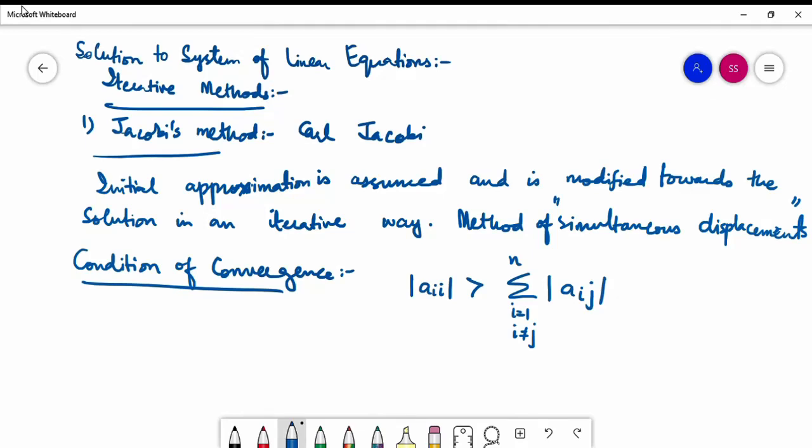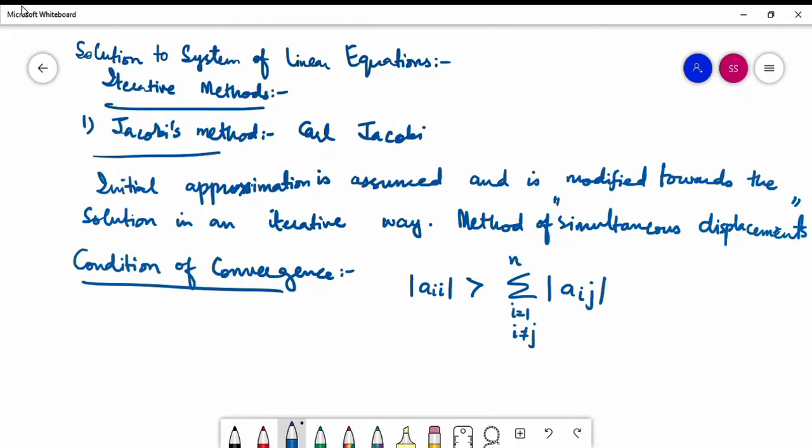Similarly, a22 should be greater than a12 plus a32, and so on. I will show you in the specific matrix. The diagonal element should always be greater than the sum of the rest of the entries in a specific row and in a specific column.